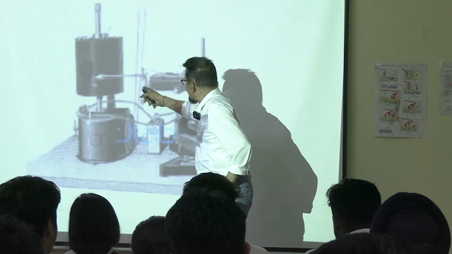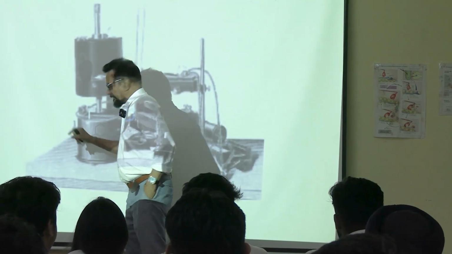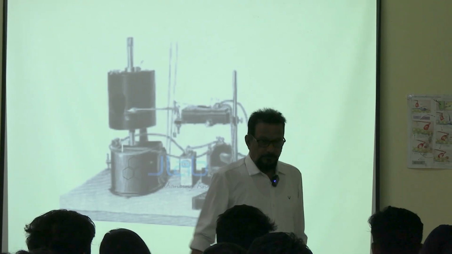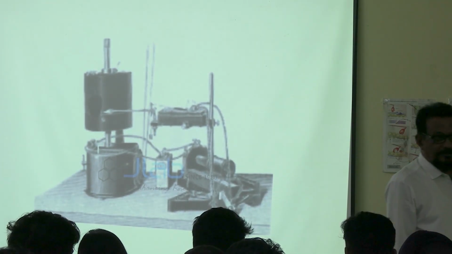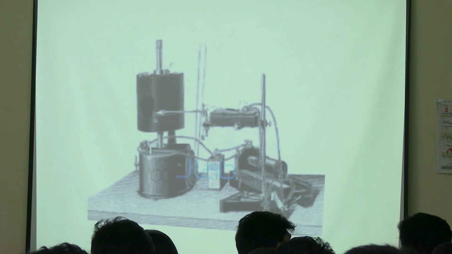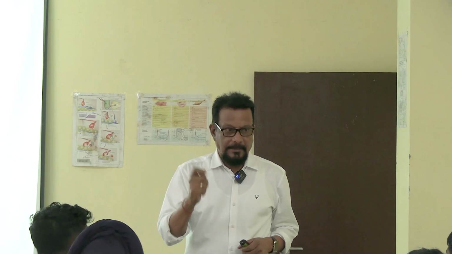This is called the kymograph. What is there in the kymograph? It has a simple motor, and the motor has different gears. So you can move the drum at different speeds, like a car having different gears.